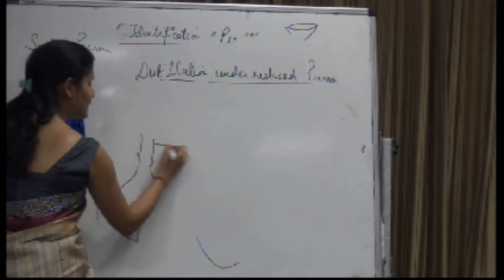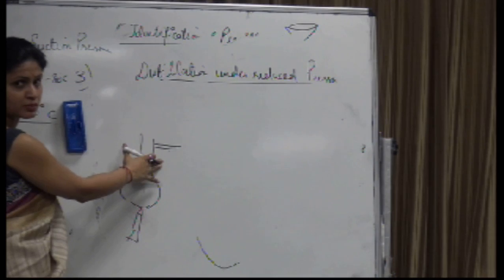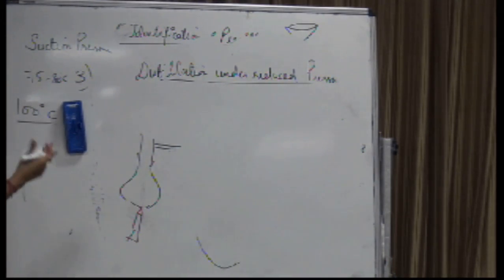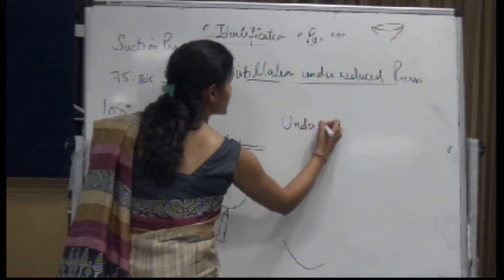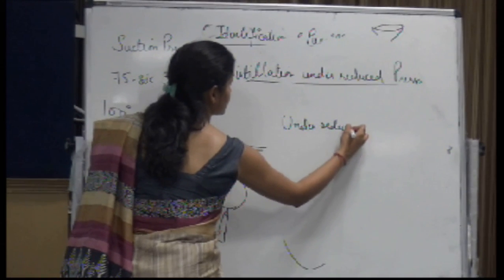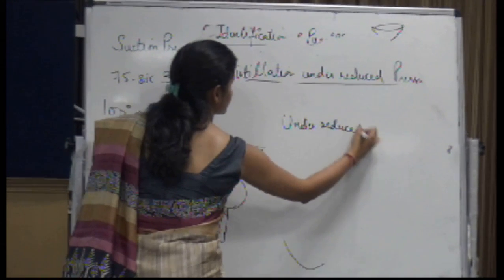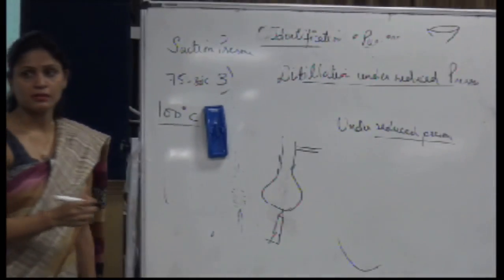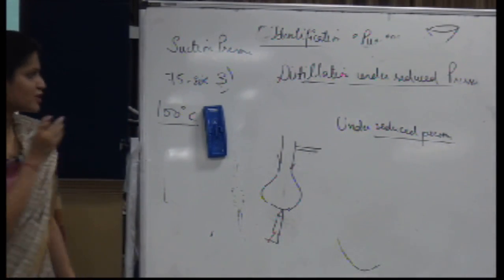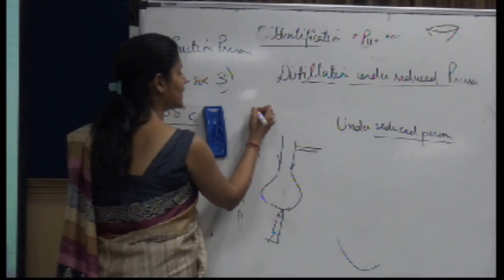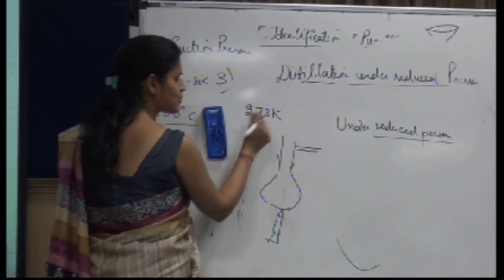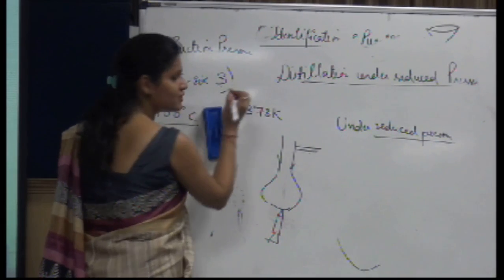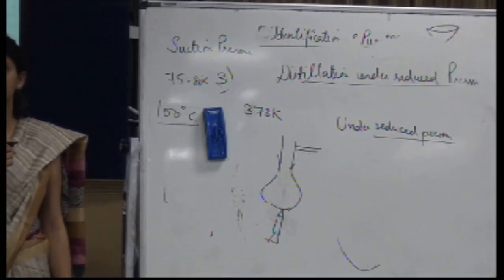You can apply the suction from here also. Why are you saying that this is the distillation under reduced pressure? Because if I want the liquid to boil at a lesser temperature, say 273 Kelvin, or say 373 Kelvin, the pressure should be less.